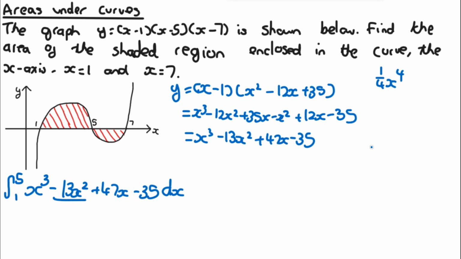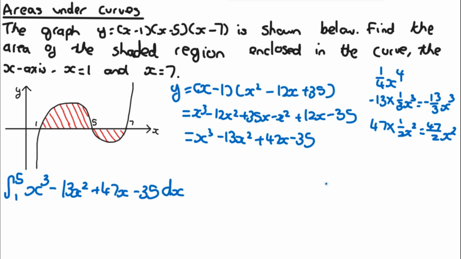Minus 13x squared is going to be minus 13 times 1 over 3 x to the power of 3, which is equal to minus 13 over 3 x to the power of 3. 47x is going to be 47 times, and x integrated is half x squared, so this is going to equal 47 over 2 x squared, and then minus 35, so it's minus 35x.